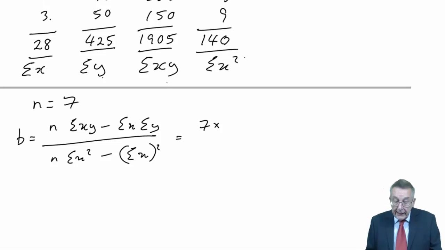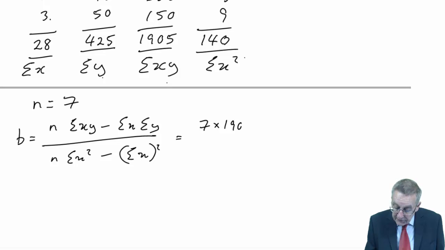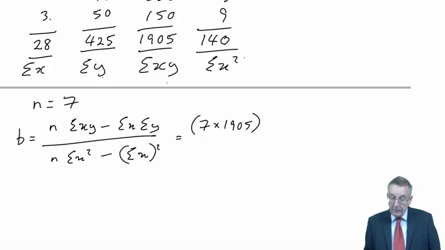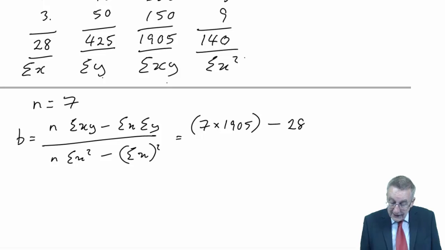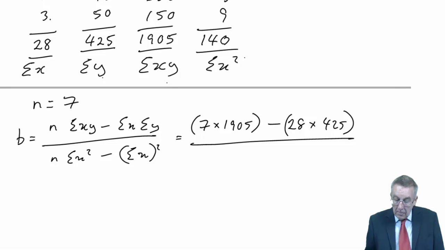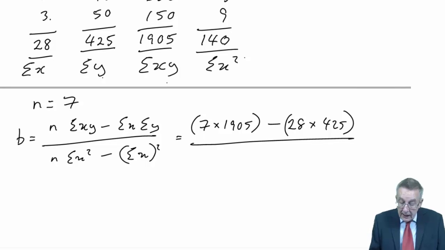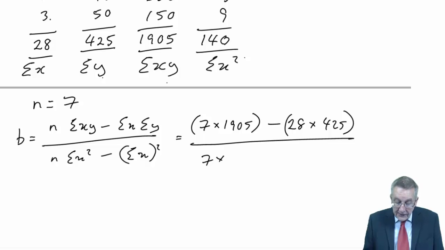Sigma xy is 1905 minus sigma x, which is 28, times sigma y, 425, divided by n, which is 7, times sigma x squared, which is 140, minus sigma x all squared.